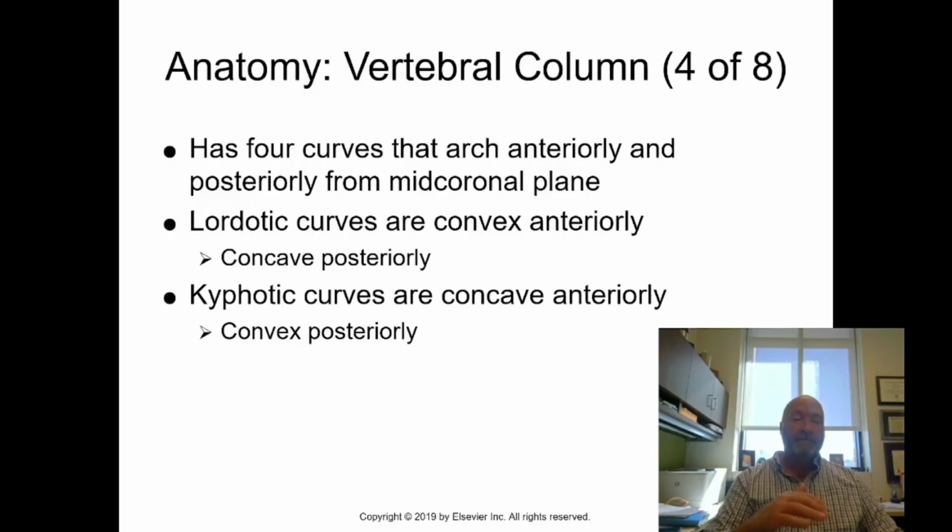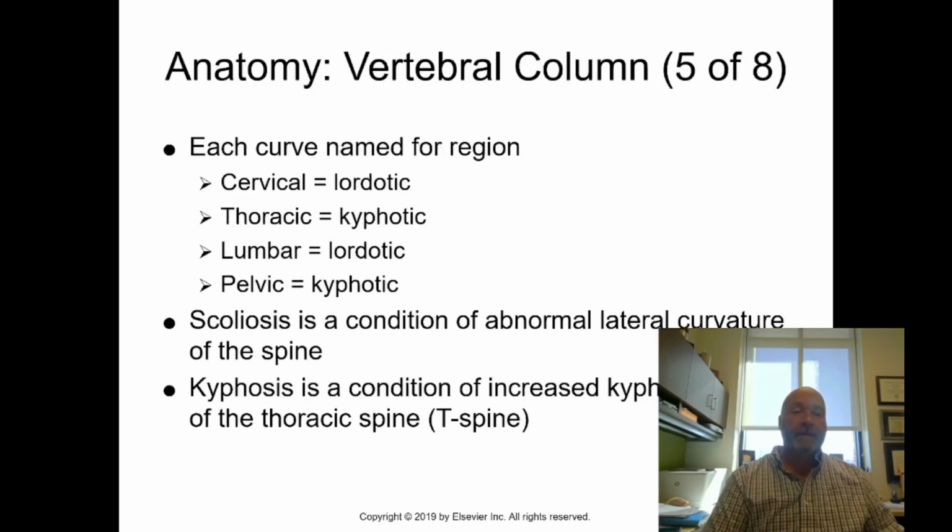If you ever see a spinal series on a child, there really is no curvature in the lumbar spine in very young children. It's not until we get upright that the rest of the trunk provides weight on the lumbar spine and you develop that curve.